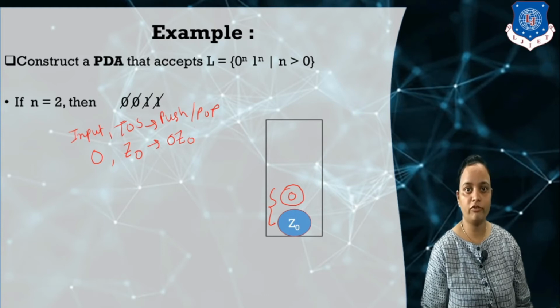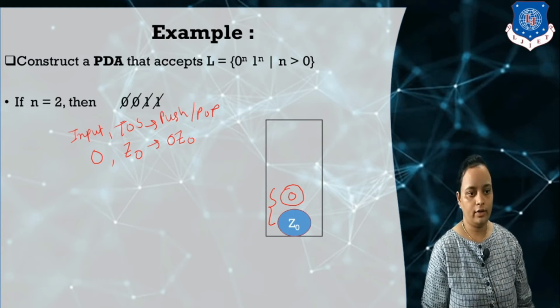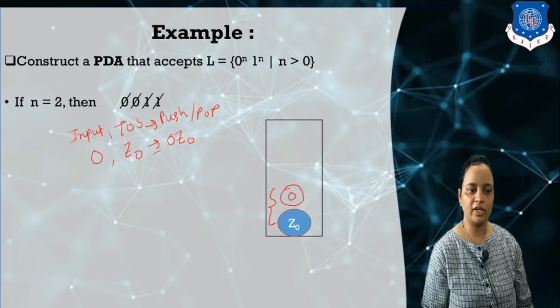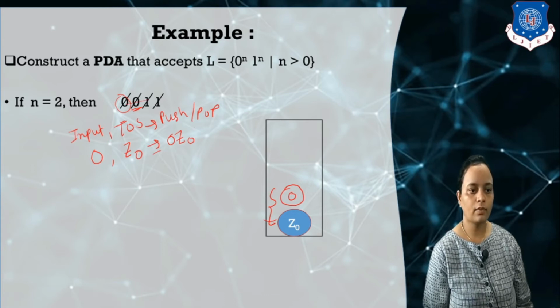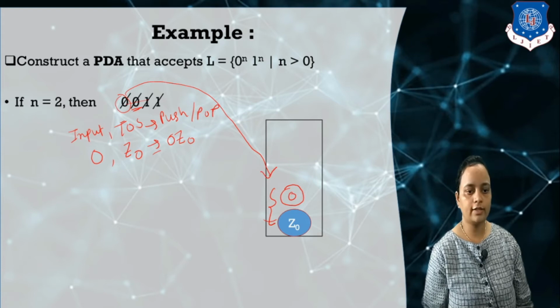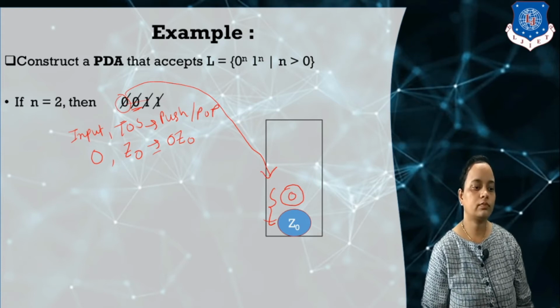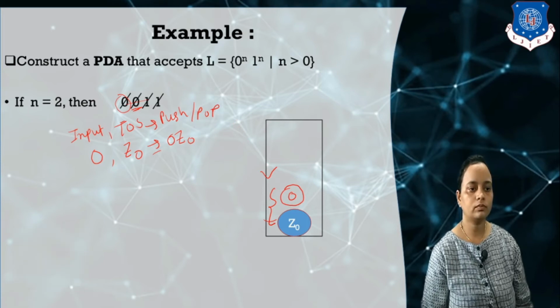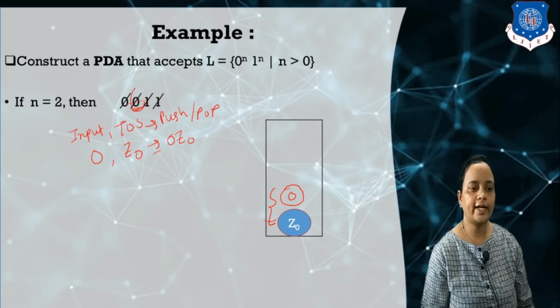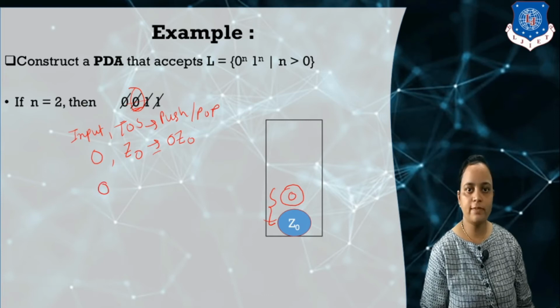The first two topmost symbols, if we write them on the right side of this arrow, this is called the push operation. Now we are going to read the second symbol. This is the first symbol, 0 Z0, insert the 0 onto the stack, like this. Now if I read a second 0, my input is 0.